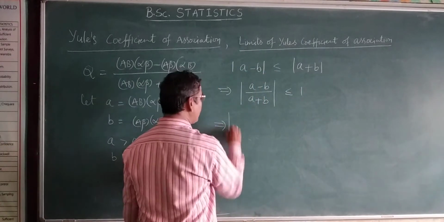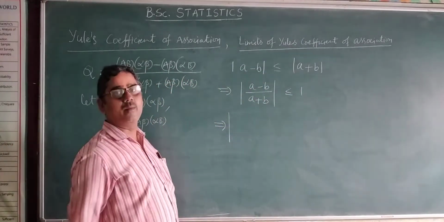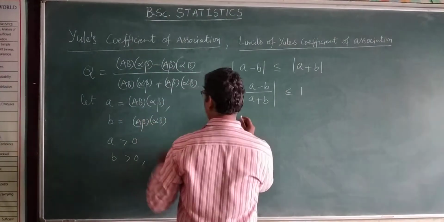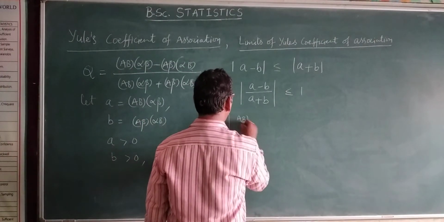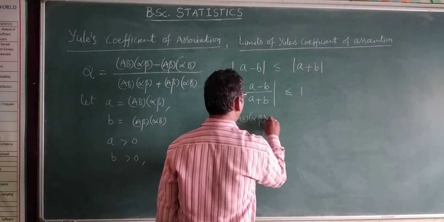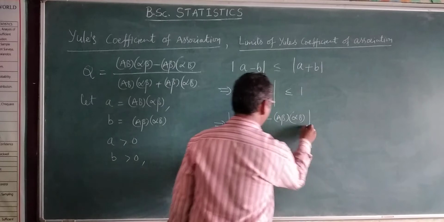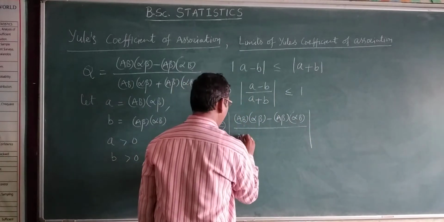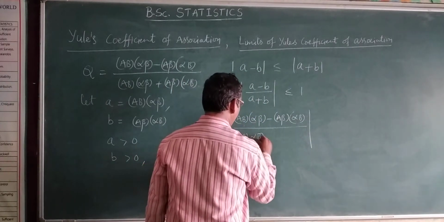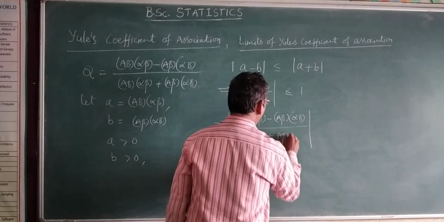Now I write what the values of a and b are. The a value is AB multiplied by αβ minus Aβ multiplied by αB, divided by AB αβ plus Aβ αB.